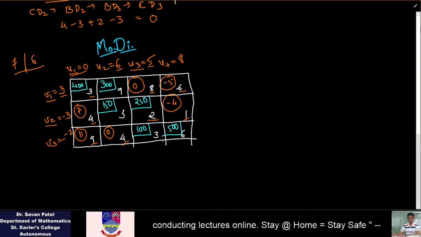Here all we have done is taken this quantity initially directly as 0. u1 I have taken 0.